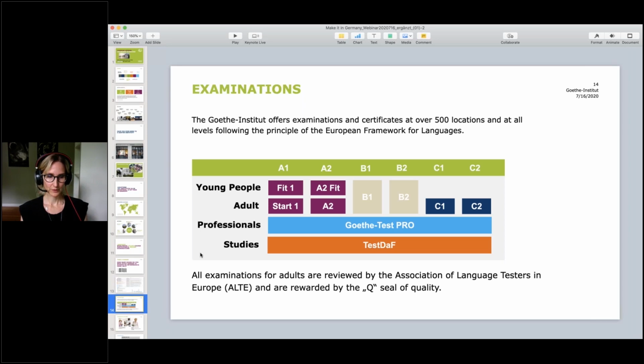All those examinations are offered for adults and young people, and they are all reviewed and certified by the Association of Language Testers in Europe. So we have sort of a seal of quality for those exams, and they are officially recognized by German universities and embassies if you want to apply for a visa.